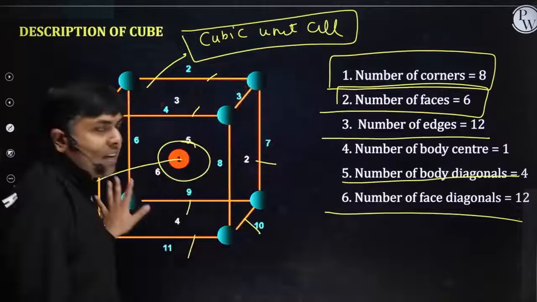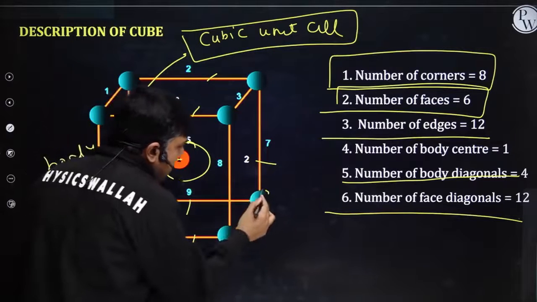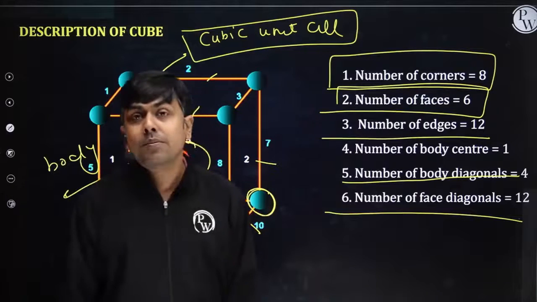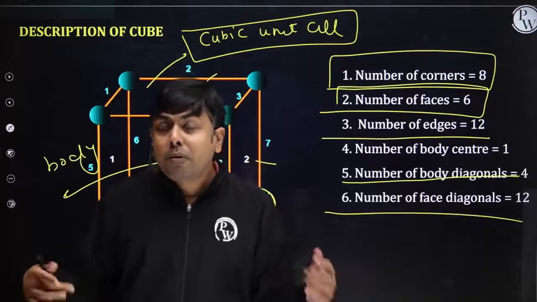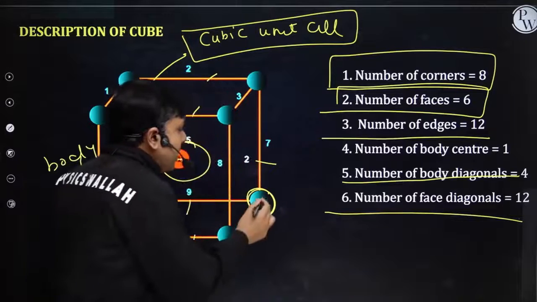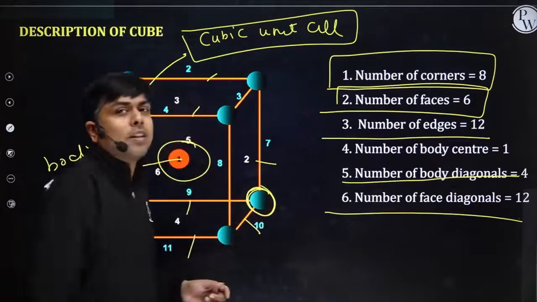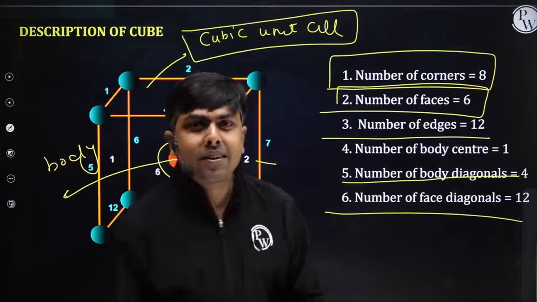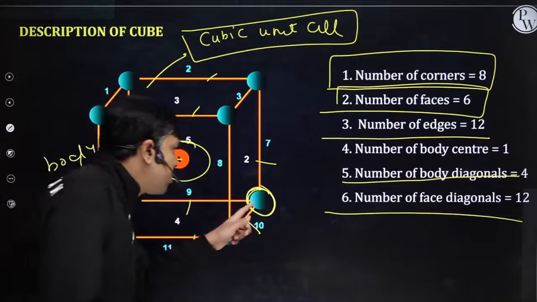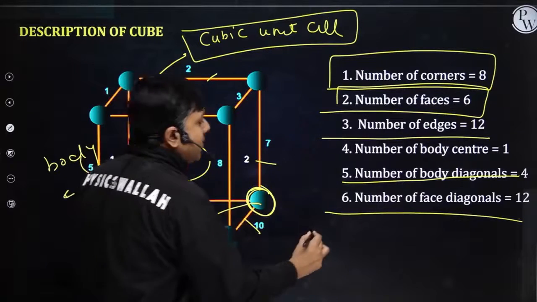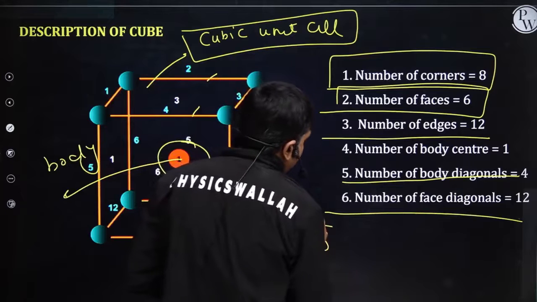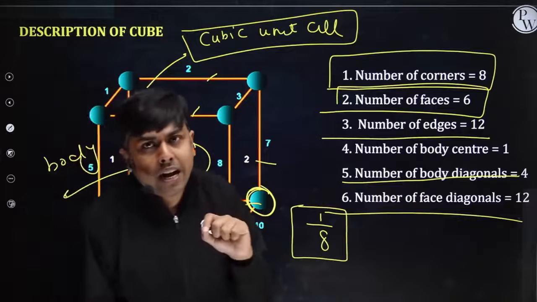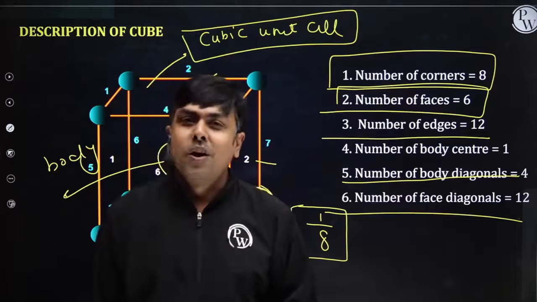If one atom is placed at the corner, it will be touched by how many unit cells? Basically, if an atom is placed at the corner, it is shared by 8 cubes. So the net contribution of this particular atom in this unit cell is 1 by 8.